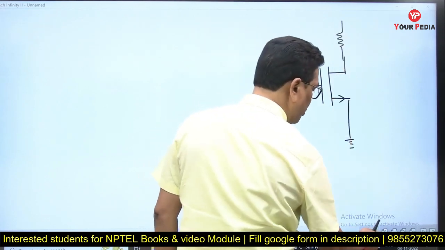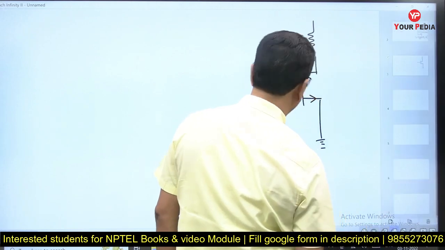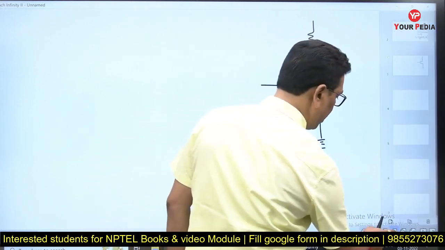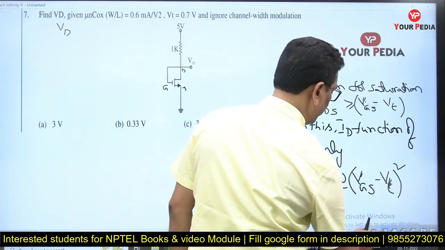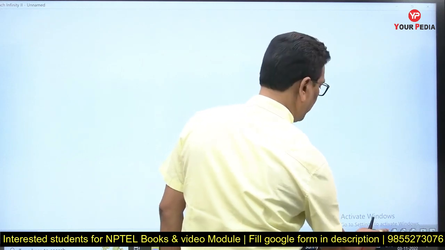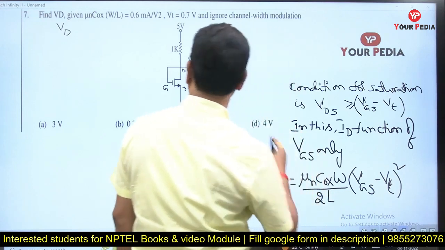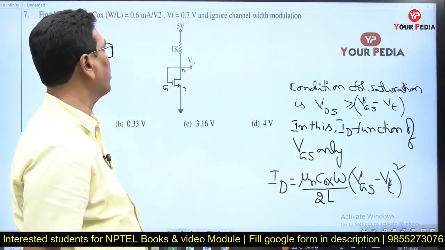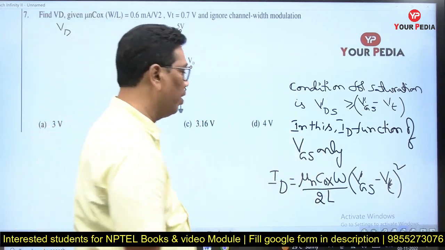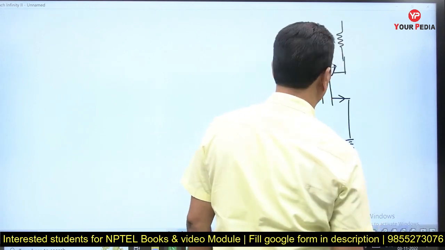How much resistance do you see there? So this resistance is 1 kilo ohm. 1K is there, recall.